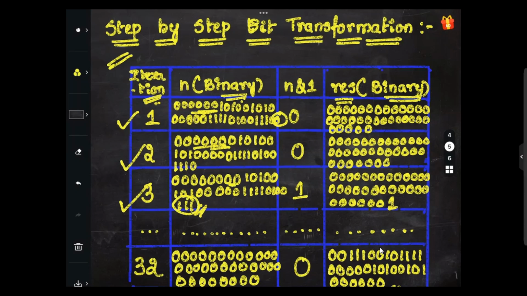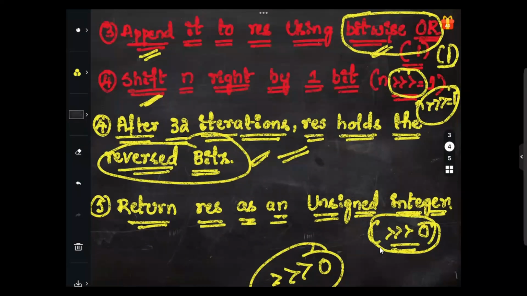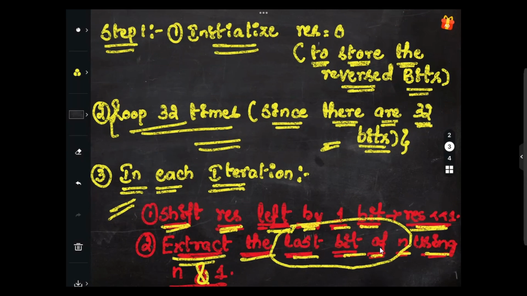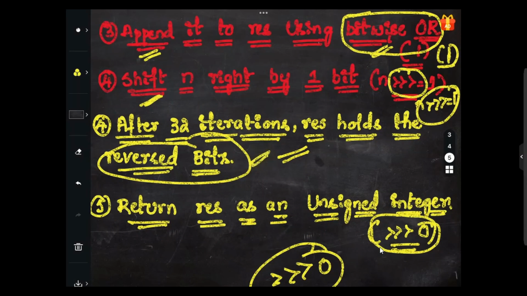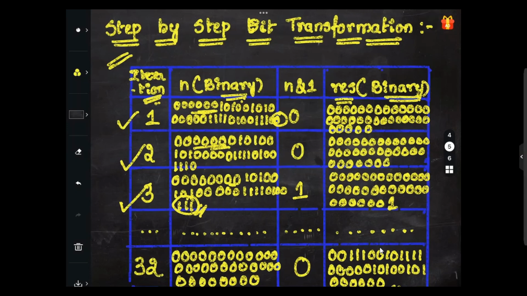So n in binary, n ampersand 1 we have already considered here. Why will we be using n and 1? You can clearly see in the second step I had explained: extract the last bit of n using the n and 1 operator, right? That's what we are doing here. We'll be going with 0 here, since this is 0.